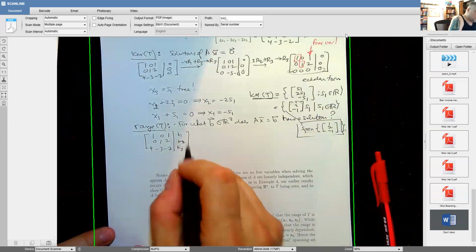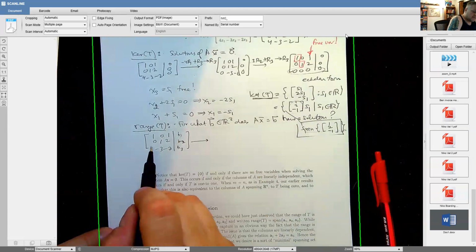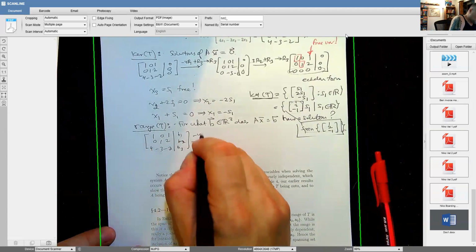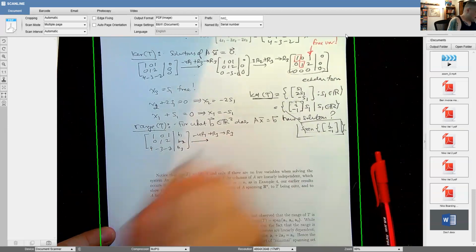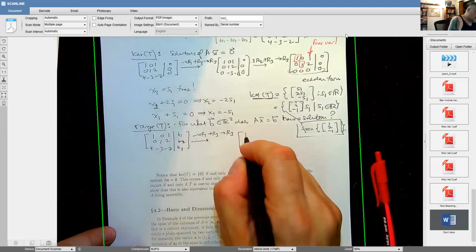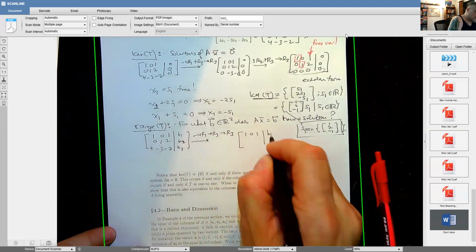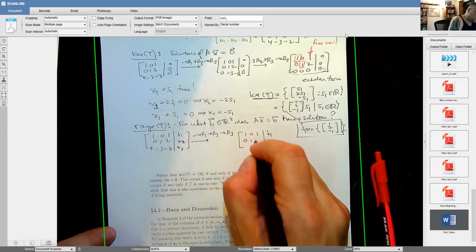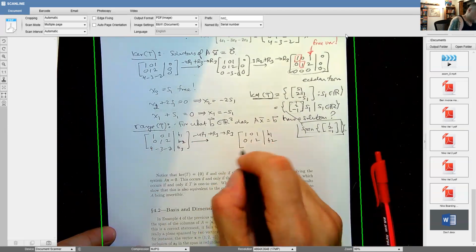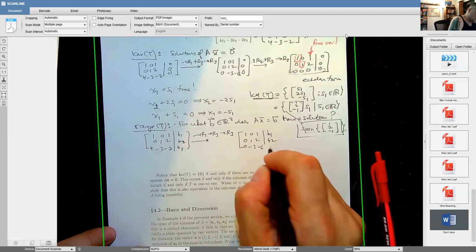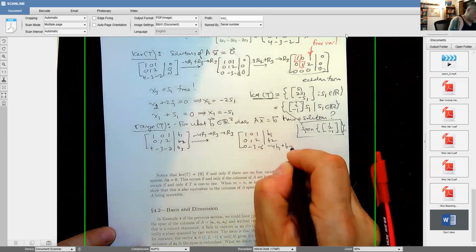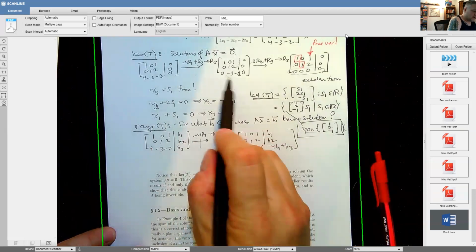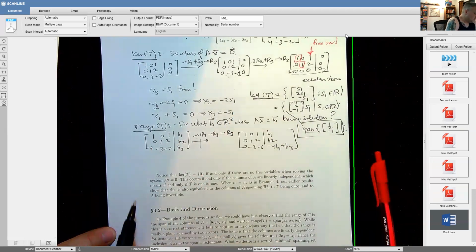All right, so again, put it into echelon form by multiplying R1 by -4 and adding it to R3, replacing R3 by it. If I do that, you can check this out. I get the first 2 rows don't change as usual, but the third row becomes 0, -3, -6, but -4b1 plus b3. Right, so very similar to what we had up here, just that the right side is changing.